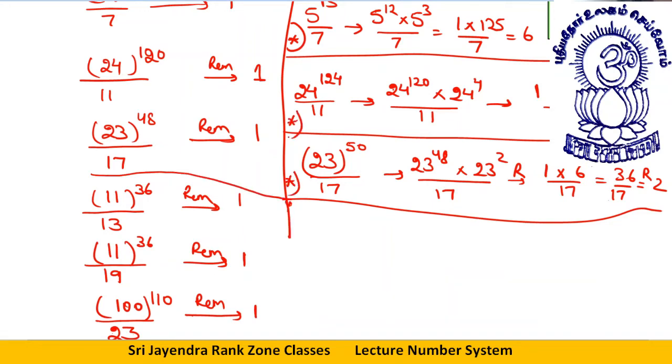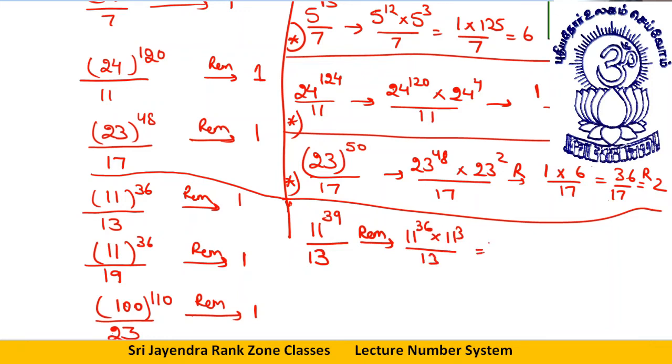Let's take the next example. 11 raised to power 36 divided by 13, but I take it as 11 raised to power 39 divided by 13. How to do it? I already know 11 raised to power 36 gives 1. So this is 11 raised to power 36 into 11 cube divided by 13.